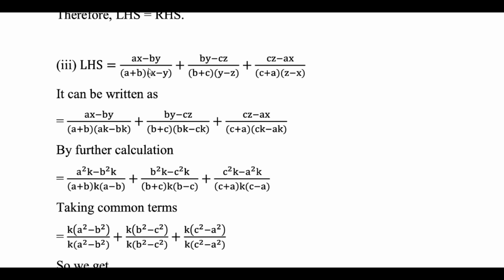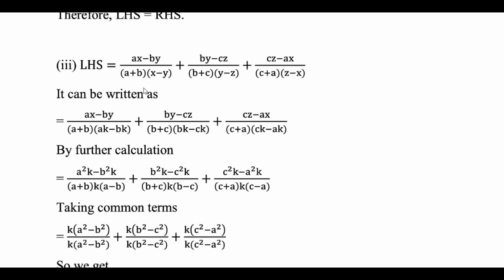See, left hand side: ax minus by divided by a plus b into x minus y, plus by minus cz divided by b plus c into y minus z, plus cz minus ax divided by c plus a into z minus x. So it can be written as ax minus by divided by a plus b into ak minus bk.